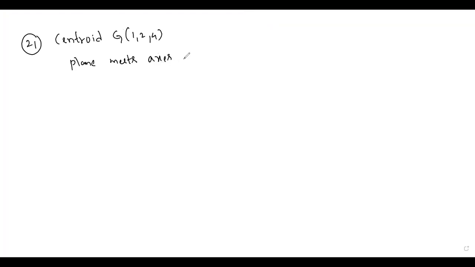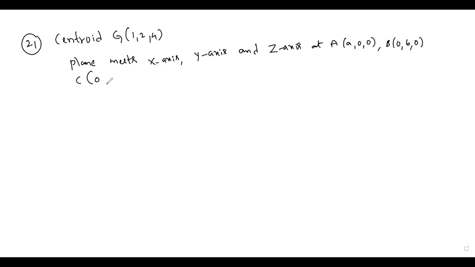Now basically our plane meets the axes. The plane meets the x-axis, y-axis, and z-axis at, for example, capital A, small a, 0, 0; 0, b, 0; and on the z-axis 0, 0, c.